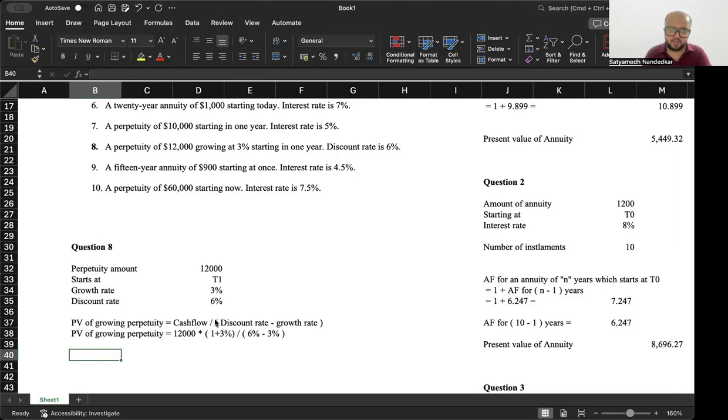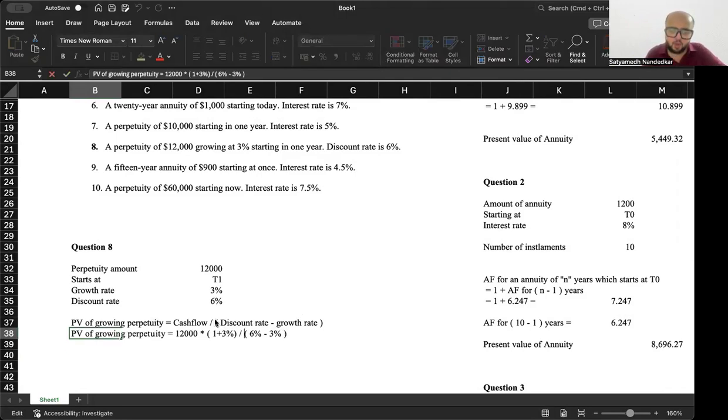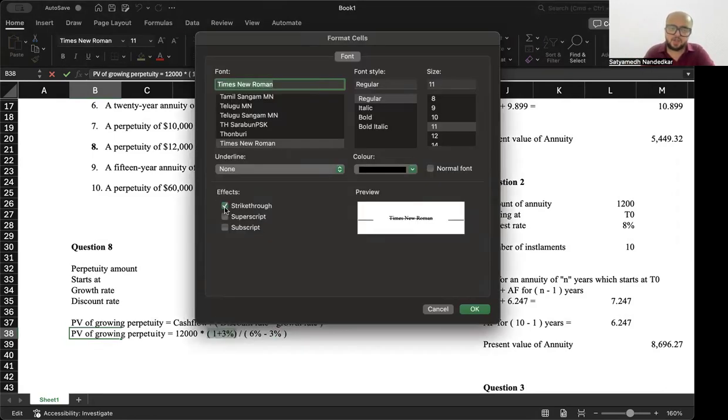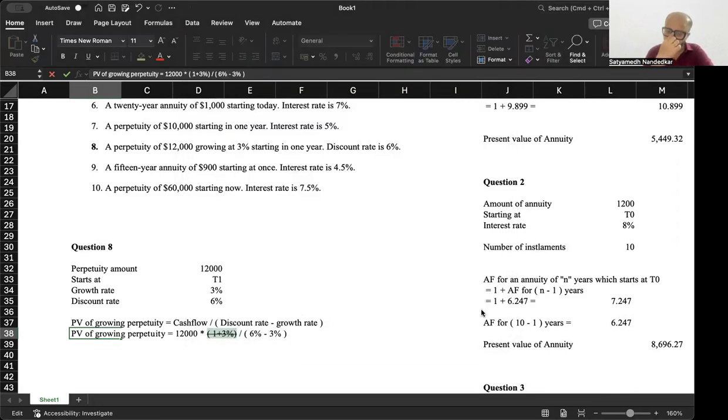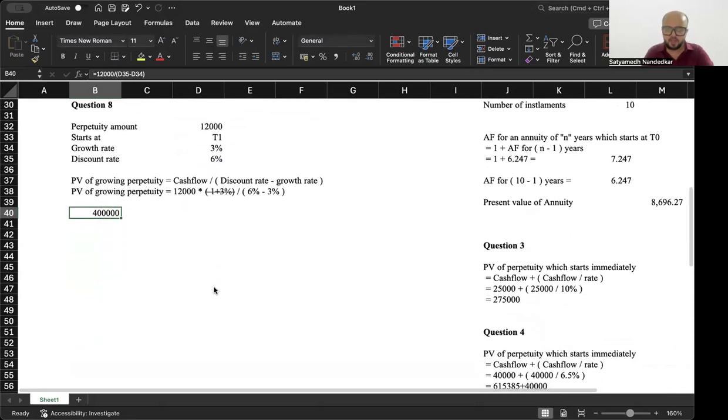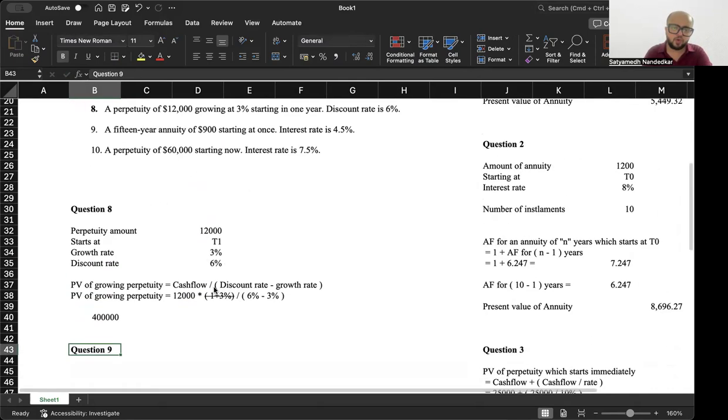Multiplying by 1 plus 3% would apply if the 12,000 perpetuity was starting today. But it is not starting today, it is starting at 1 year's time. So the first cash flow is 12,000. So our value of perpetuity will be 12,000 divided by 6% minus 3%, which is 4 lakhs. So be careful in terms of which cash flow you are choosing. It is so easy to make a mistake here if you don't read the words of the question clearly. So make sure that you focus on that.